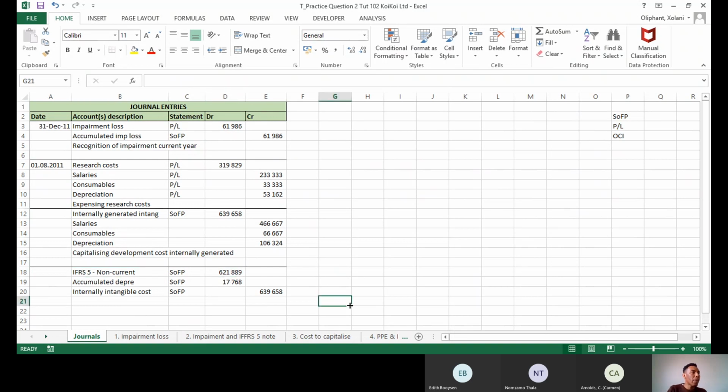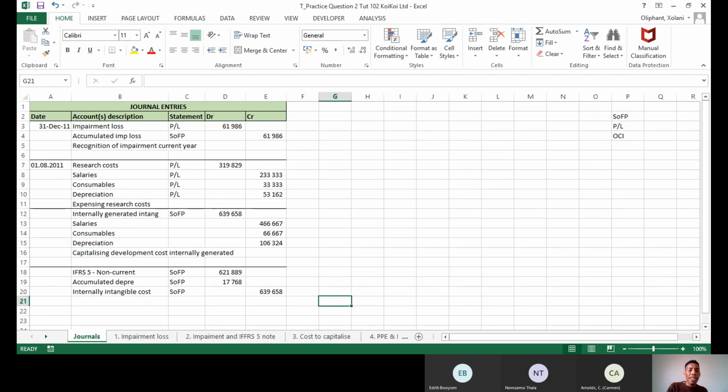But now there is a spanner in the works, that at the same date, which is the 31st of December, we've determined that the fair value less cost to sell of this item was 400,000, right?